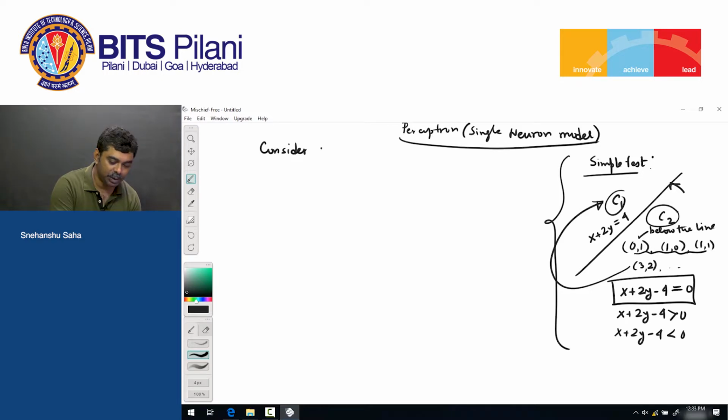So we consider a two-class problem. We say that class C1 has these data points: minus 1, 1, minus 1, minus 1, and 1, minus 1, and C2 has 1, 1.